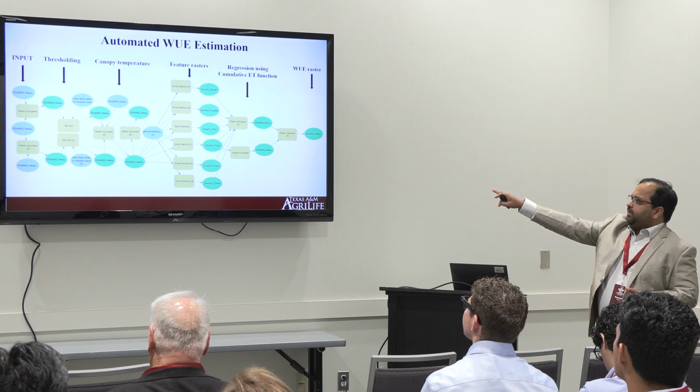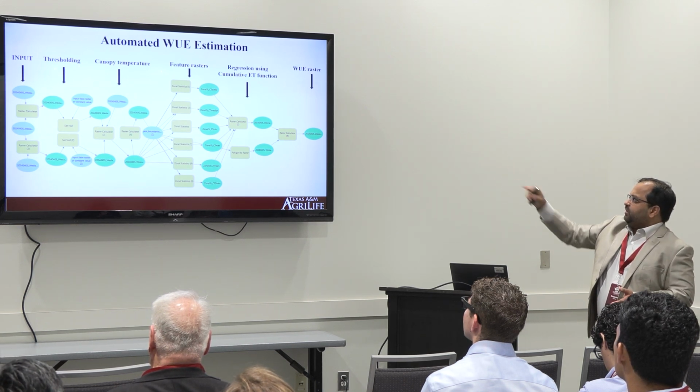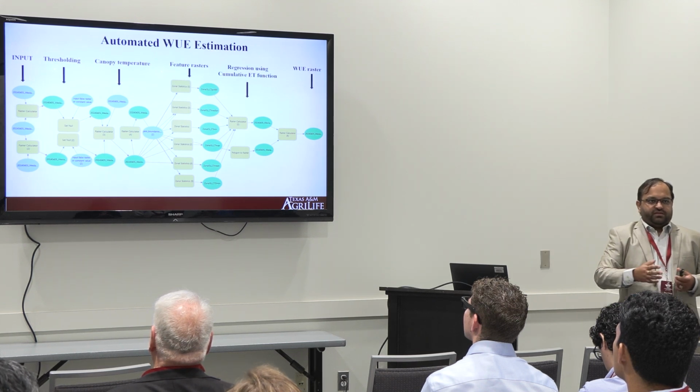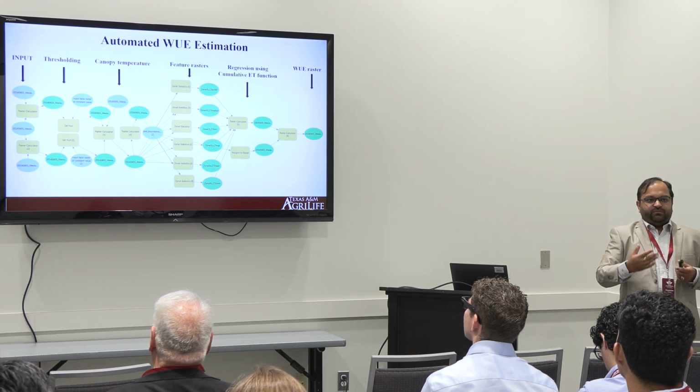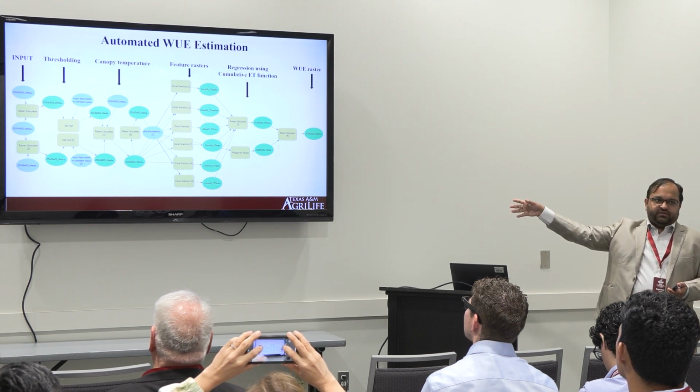Then we bring in our yield to calculate the water use efficiency raster. So basically, we input all the rasters that we need, the drone rasters, and in the end, we get a water use efficiency raster.